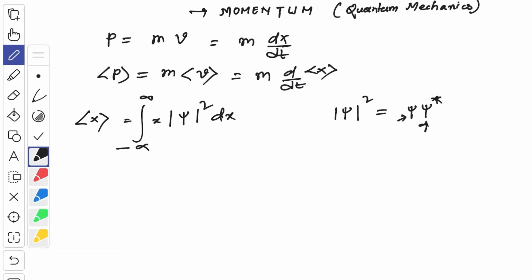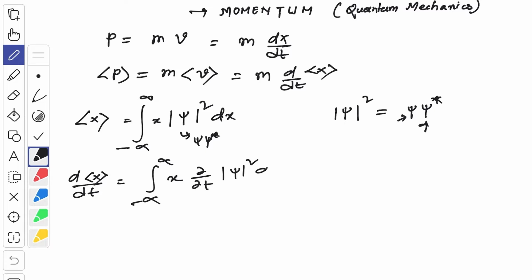Now you see, if this is the product of psi and psi star, then what can you do? If you differentiate with respect to time, we get the integral from minus infinity to plus infinity of x times the partial derivative with respect to t of |psi|^2, dx.